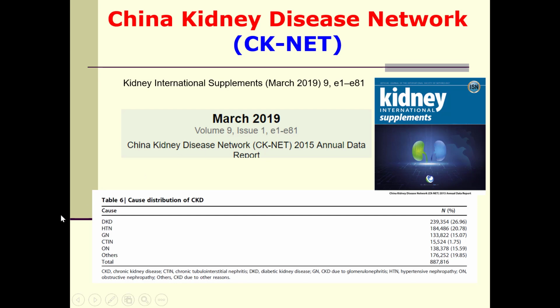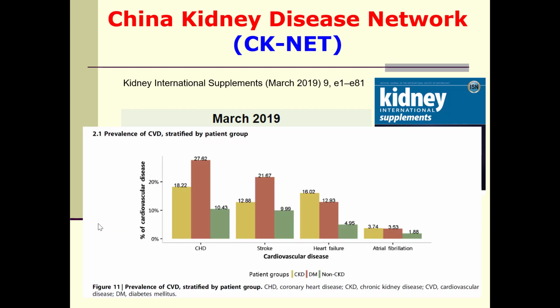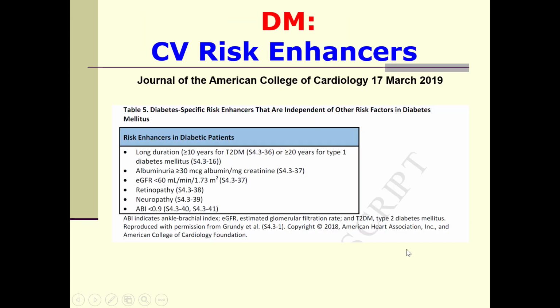As you see, diabetic kidney disease is the commonest cause of chronic kidney disease, and the presence of either chronic kidney disease or diabetes is associated with cardiovascular diseases, including coronary heart disease, stroke, heart failure, and atrial fibrillation.